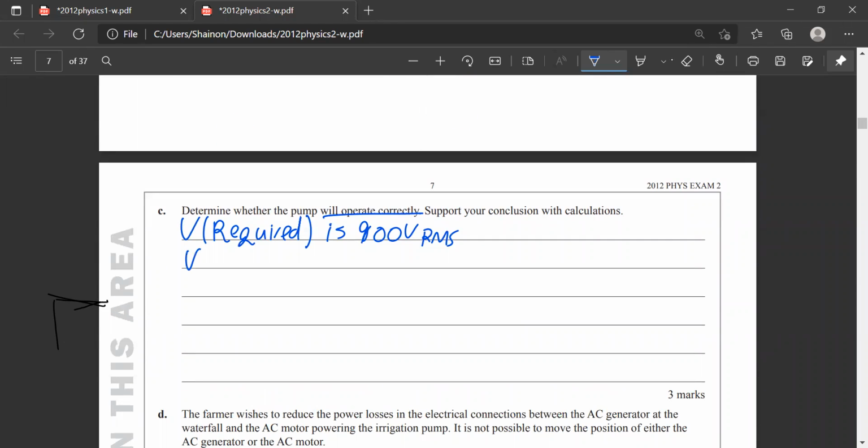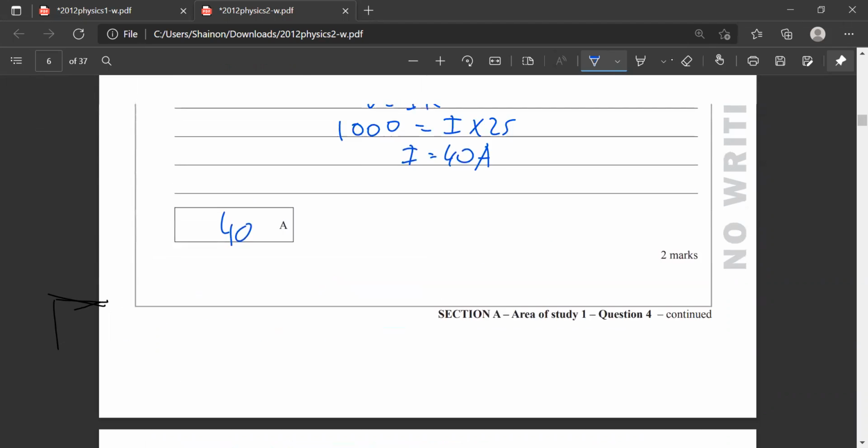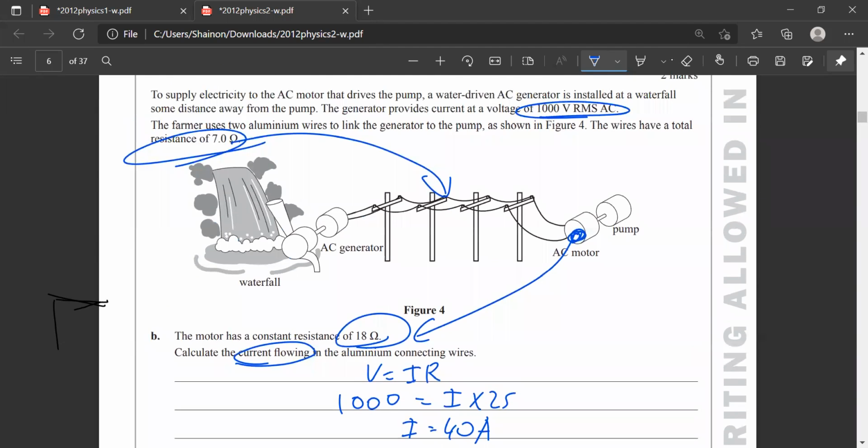So V equals IR. The V loss through the motor, not transmission lines, is 18 ohms.